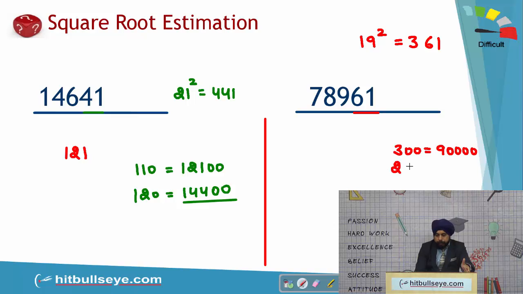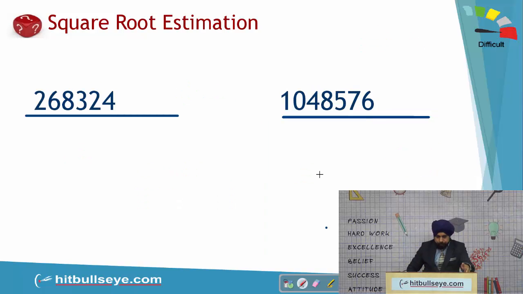Say I take the number 280. It is 78400. Now it has to be in between these two values somewhere, and 19 is involved. It can only and only be a number which is 19 less than 300. That is 281. Right, students?